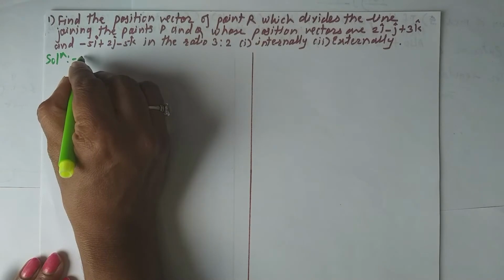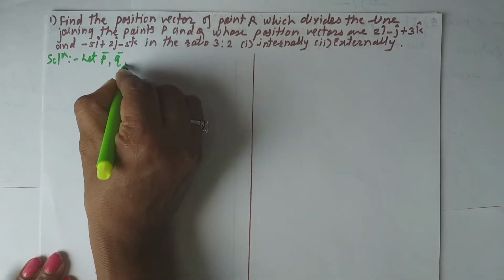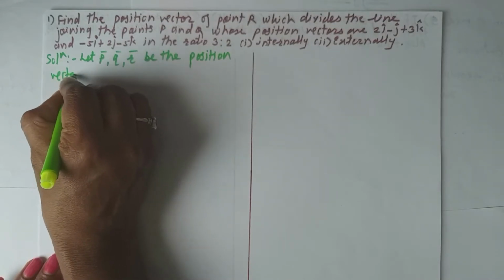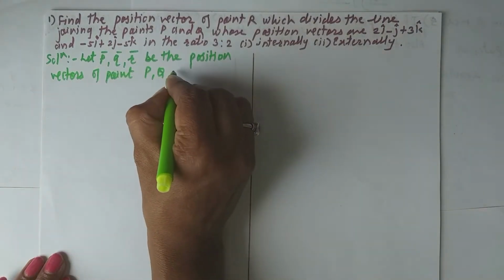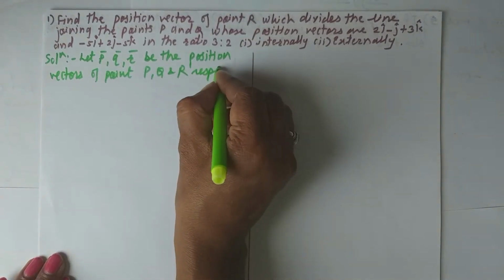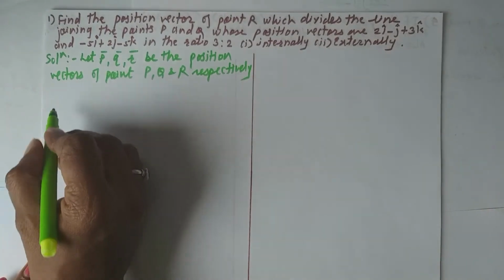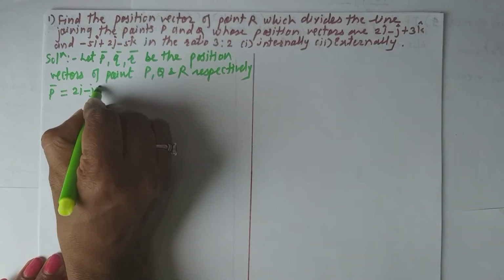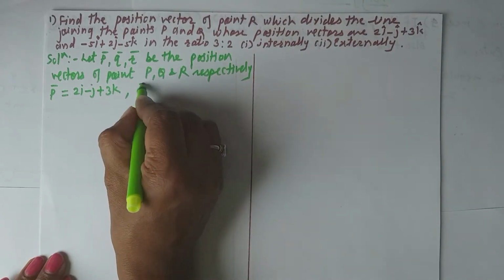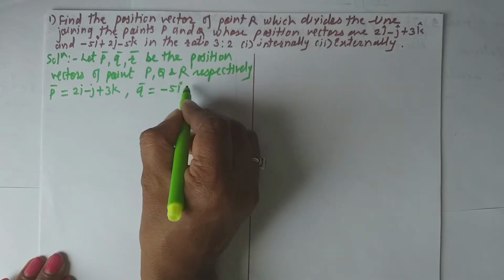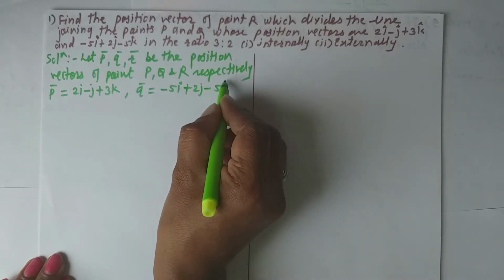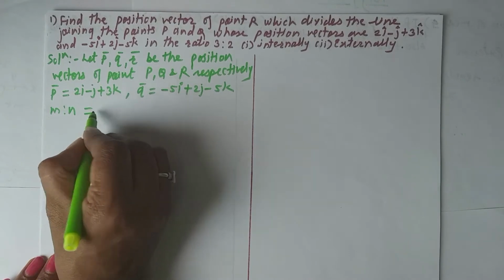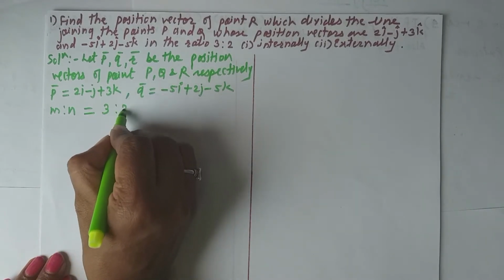Let P bar, Q bar and R bar be the position vectors of points P, Q and R respectively. Then P bar will be 2i minus j plus 3k and Q bar will be minus 5i plus 2j minus 5k. And the ratio m is to n is 3:2.